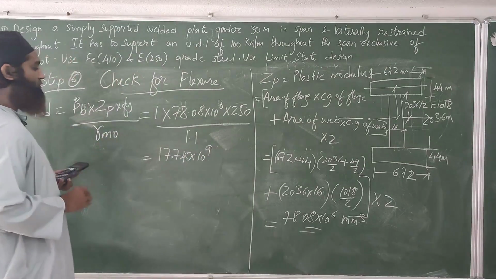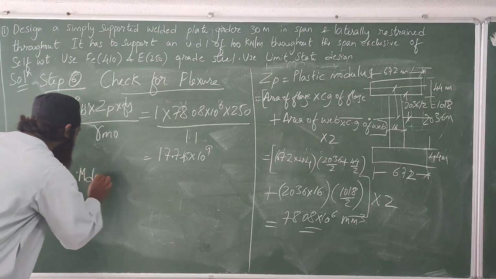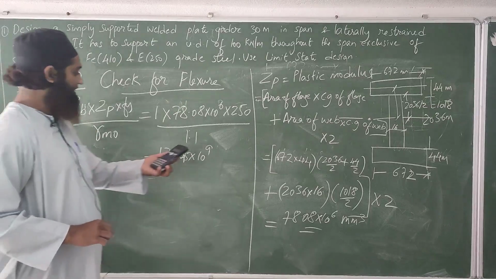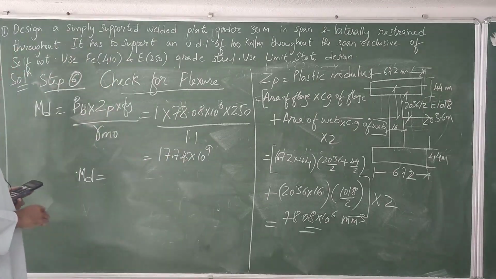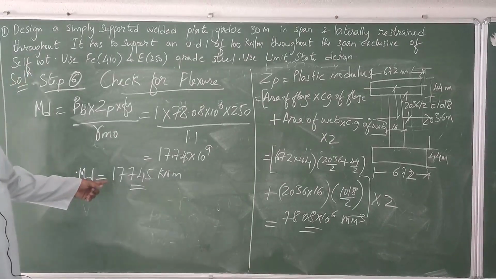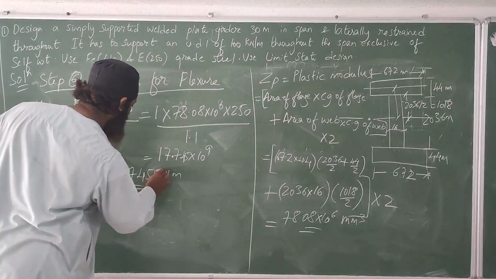I'll just convert it into kilonewton meter, so for MD in kilonewton meter I'll have to remove 6 zeros of this. So I've got it as 17745.5 kilonewton meter.